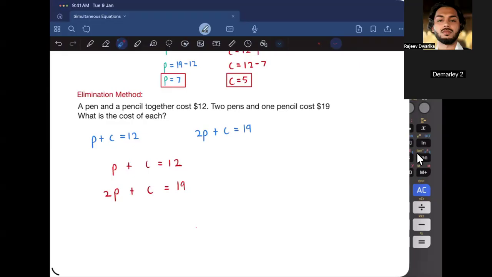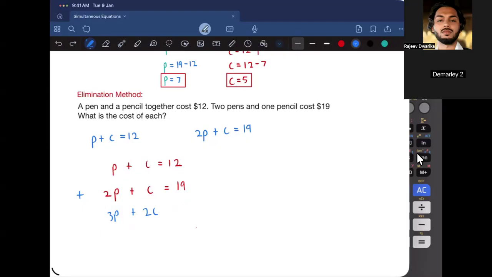What do you think I should do? Add them? No. If I add them, it's not going to work out. Watch. If I add them, P plus 2P is 3P. C plus C is 2C. 12 plus 19 is 31. How many unknowns do we have? 2. So that didn't help.